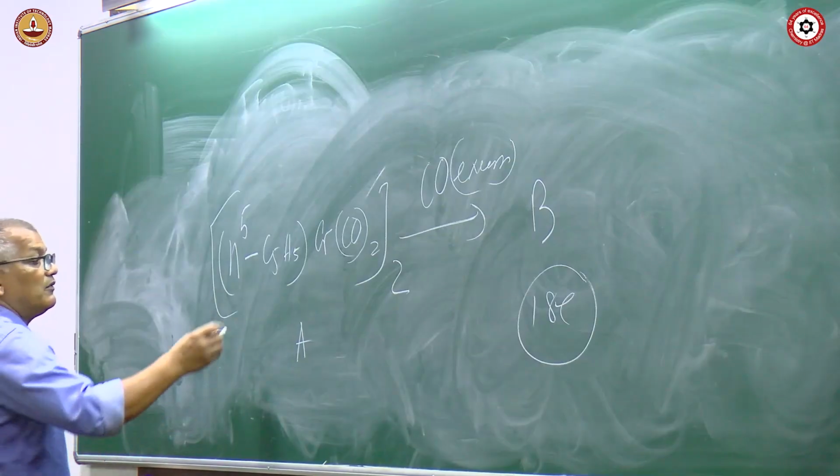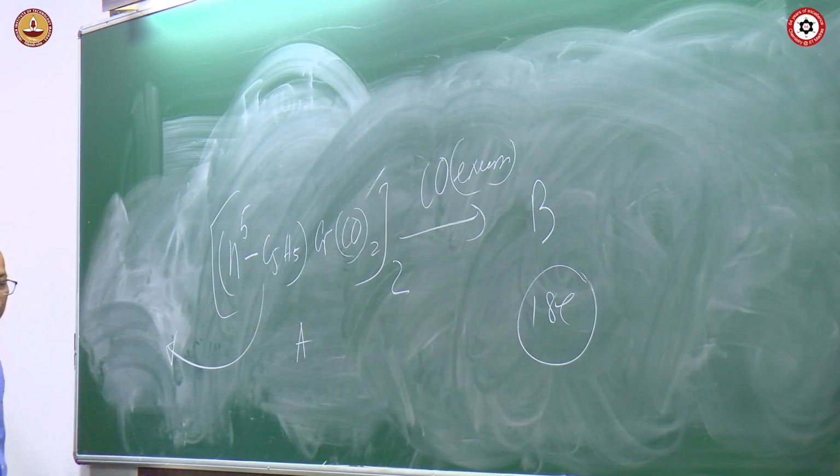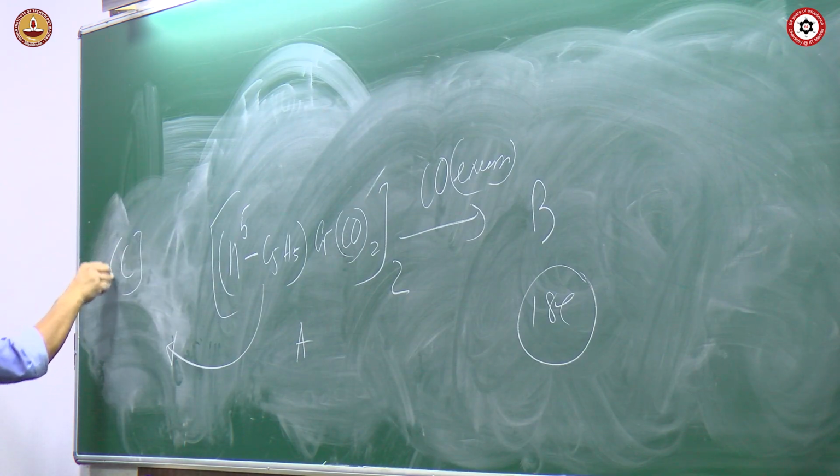Okay, now if you do a photolysis of A, you get molecule C.